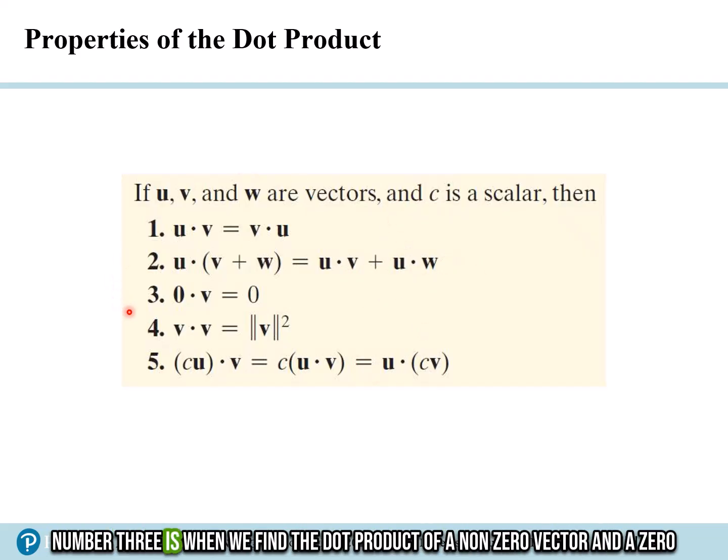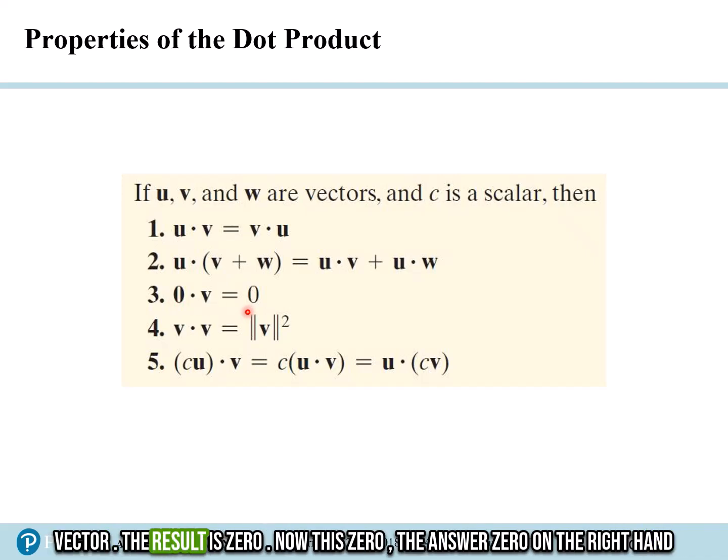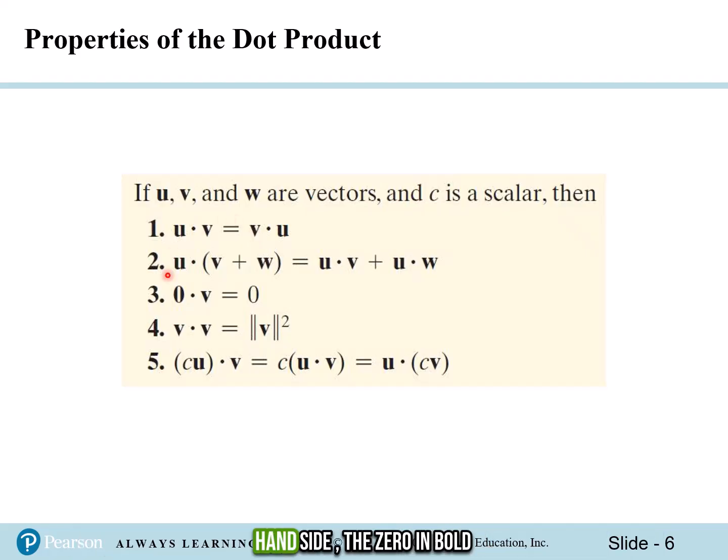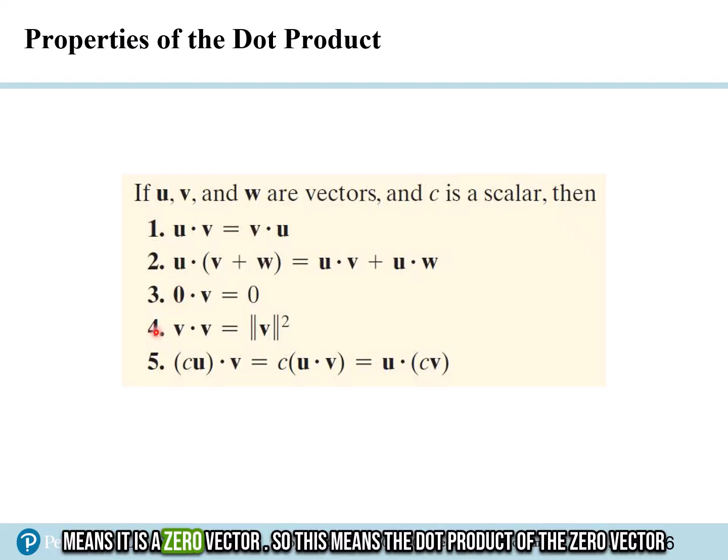Next, number 3 is when we find the dot product of a non-zero vector and a zero vector. The result is 0. Now this 0, the answer 0 on the right hand side is a scalar quantity. That's just a number 0. Whereas on the left hand side, the 0 in bold means it is a zero vector.